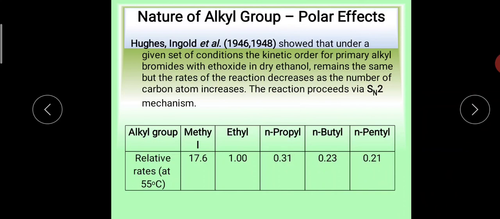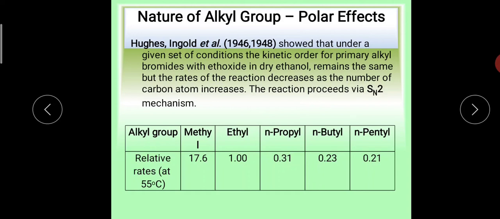Well, Hughes and Ingold have also shown that under a set of given conditions, where the conditions should be the same, the kinetic order for primary alkyl bromide with ethoxide in dry ethanol also remains the same, but the rate of the reaction decreases as the number of carbon atoms increases. The reaction proceeds via SN2 mechanism.